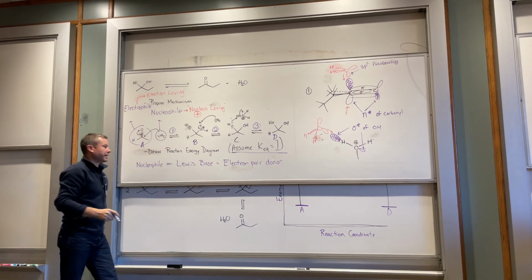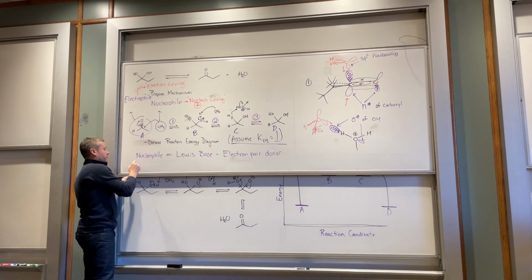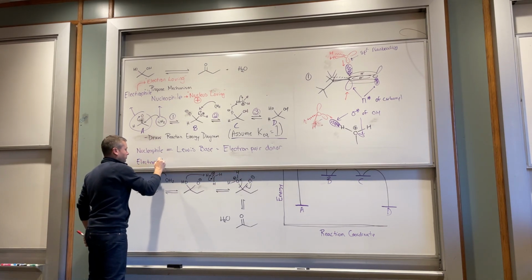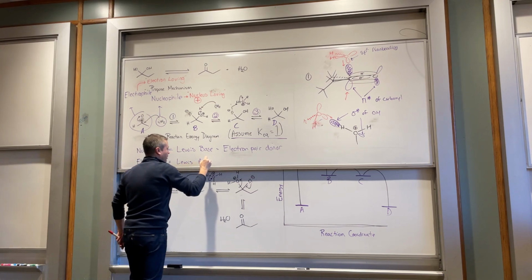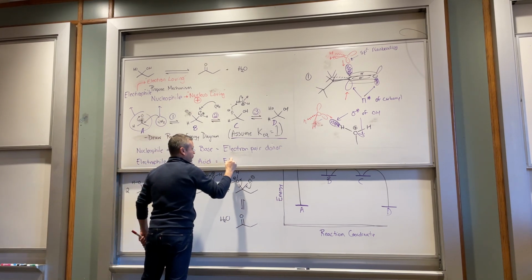A nucleophile is the same thing as a Lewis base, just an electron pair donor. An electrophile will be a Lewis acid, which is an electron pair acceptor.